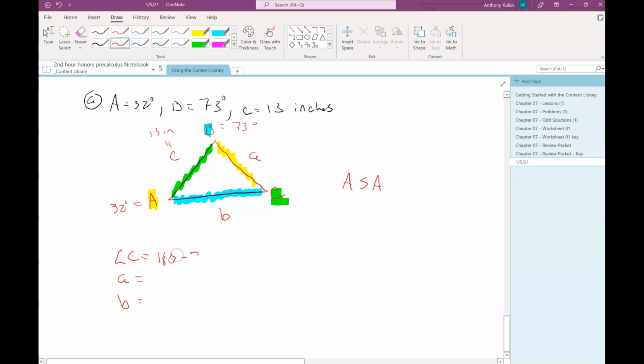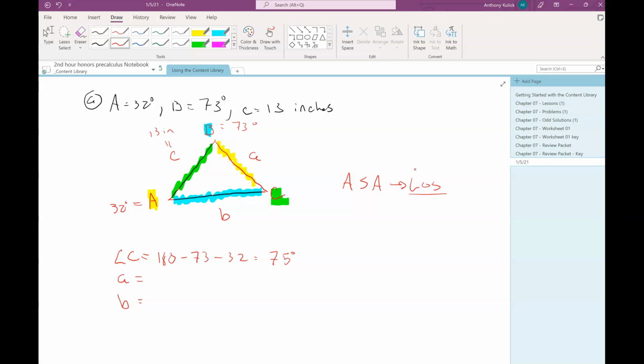So 180 minus 73 minus 32 comes up with 75 degrees. Now I know I'm going to be using the law of sines, right? Because we have an angle side angle situation.